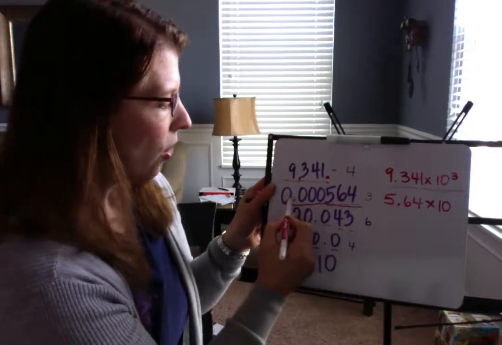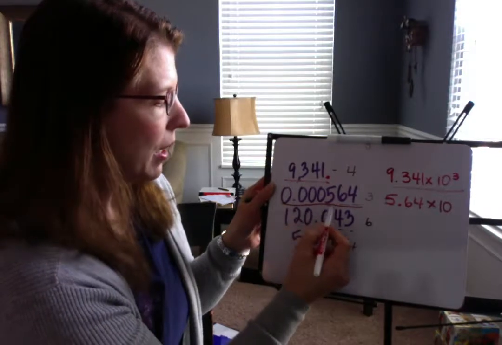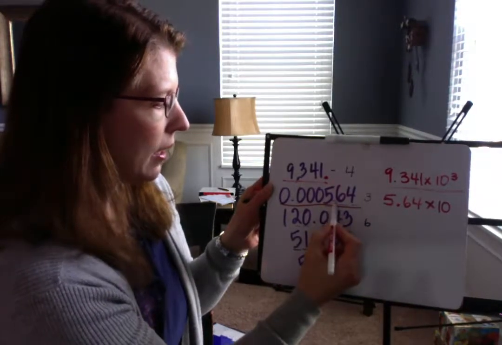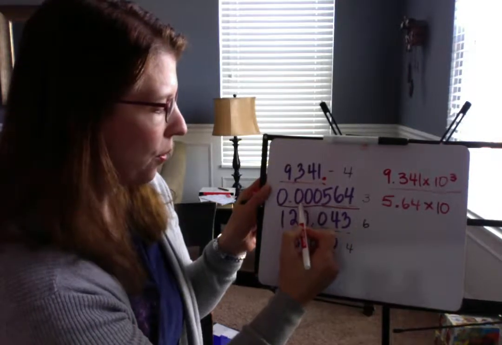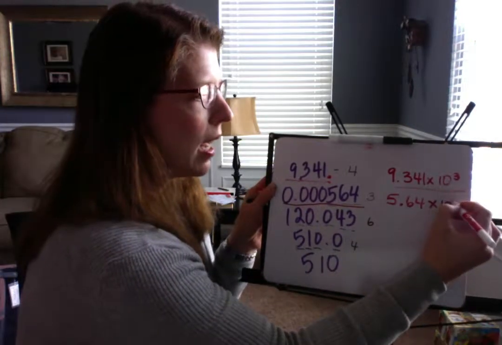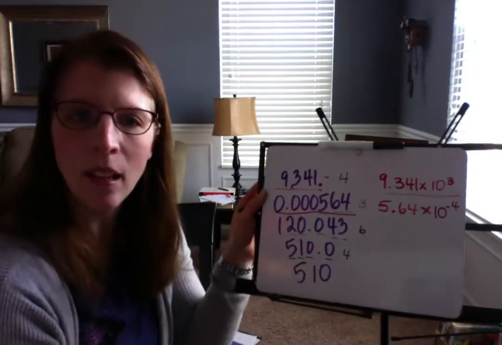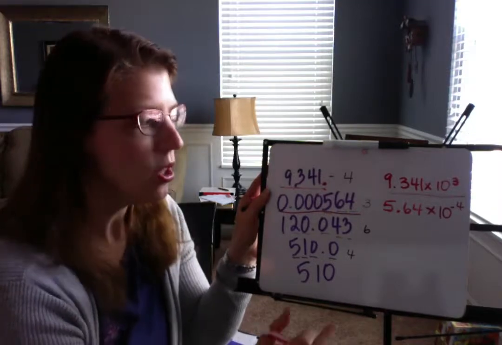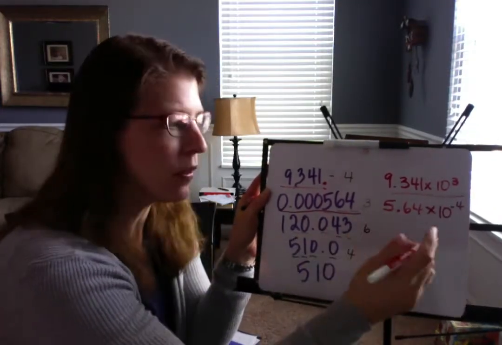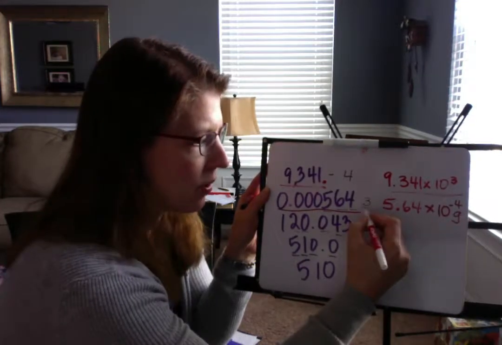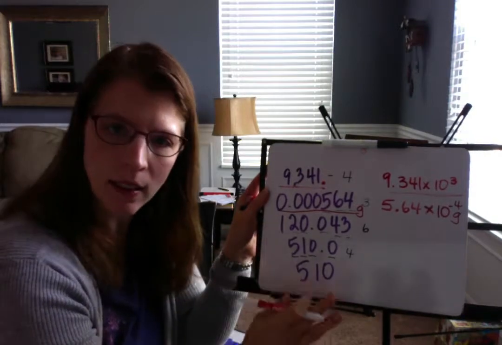So this time I'm moving the decimal the other way. So for me to get where it is here back to the original way, I have to move it left 1, 2, 3, 4 times in the smaller direction. So that's going to be -4. Okay? So this is the same amount. It'd be the same amount of grams if this is what I'm measuring of my sample. Okay? It's just written in a different way.